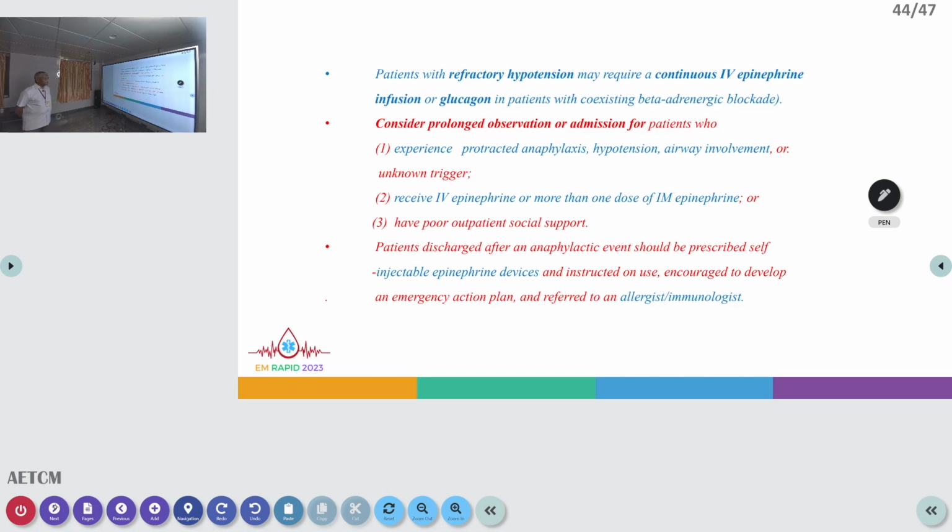Patients who need prolonged observation or admission are those who experience protracted anaphylaxis, hypotension, airway involvement or unknown trigger, and those who receive IV epinephrine or more than 1 dose of IM epinephrine. These are the patients who need admission.